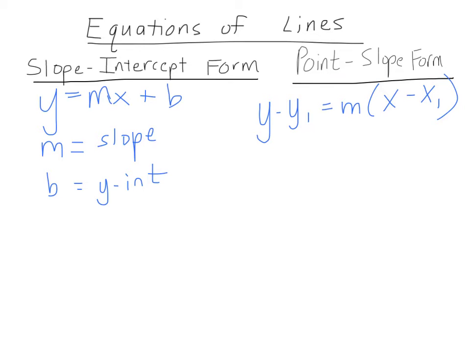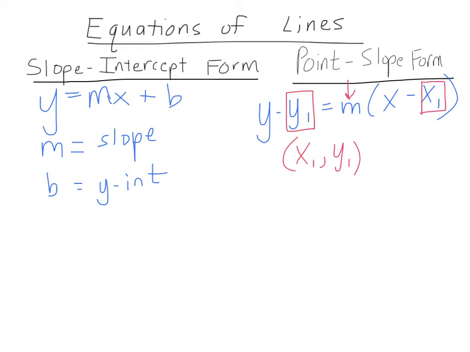So let's identify what we have going on here. Okay, so it's called point-slope formula. You should be given a point, x1 and y1. So you'd be given that information, and then you'd also be given, or maybe you'd have to find, maybe they give you a second point, you'd have to find the slope.